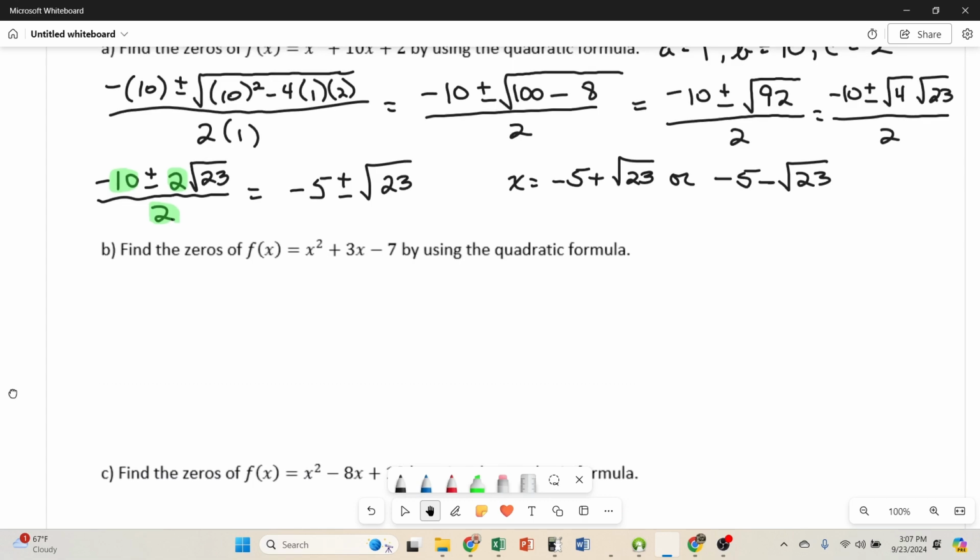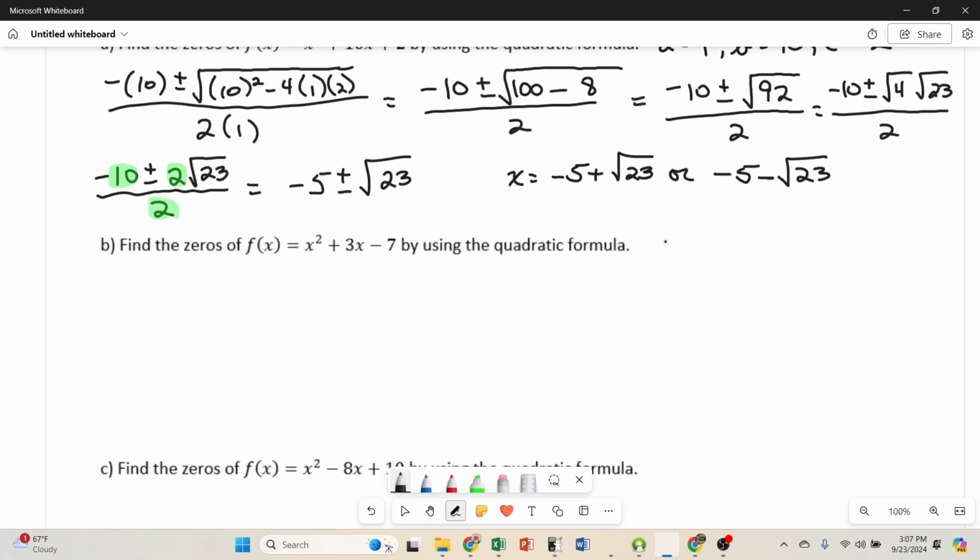All right, finding the quadratic again. So a equals 1, b equals 3, and c is equal to negative 7. Now the quadratic formula is really helpful when we are getting these crazy answers. There's easier methods of finding the x-intercepts of a parabola.